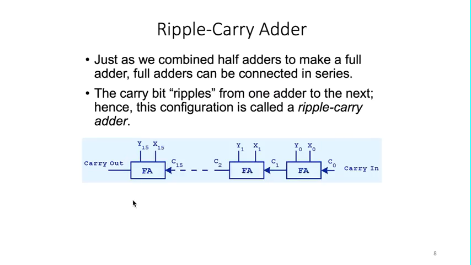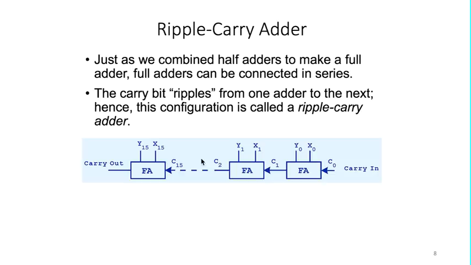Now, the next concept we discussed is the ripple carry adder. So basically, the ripple carry adder means we take what we discussed before, the half adder and also the full adder, in a single circuit.